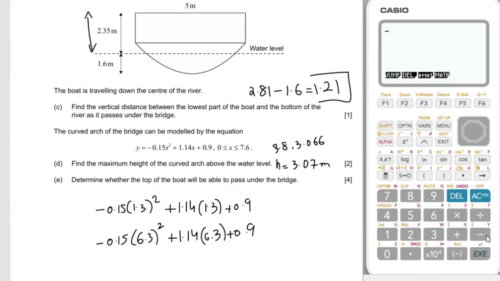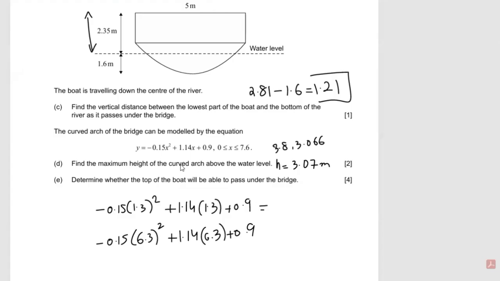And now minus 0.15, put a bracket and 1.3, bracket close, square it, plus 1.14 times 1.3, and plus 0.9. Let's execute. I'm getting 2.1285 for this, which is below 2.35. So that is one complication.